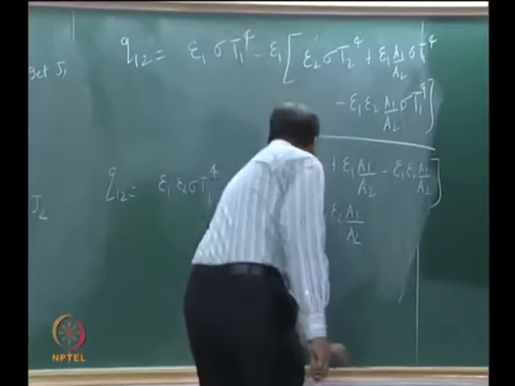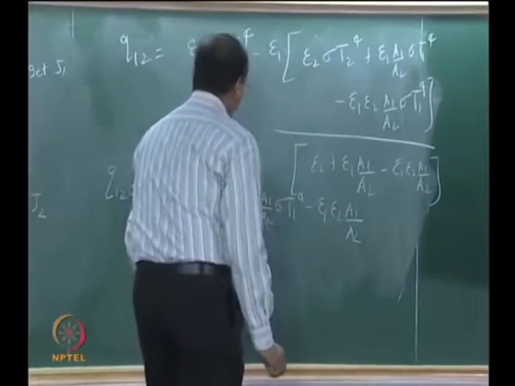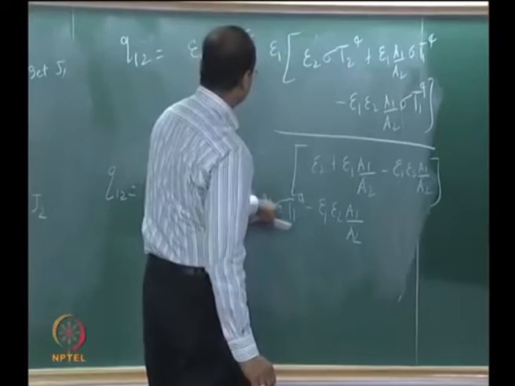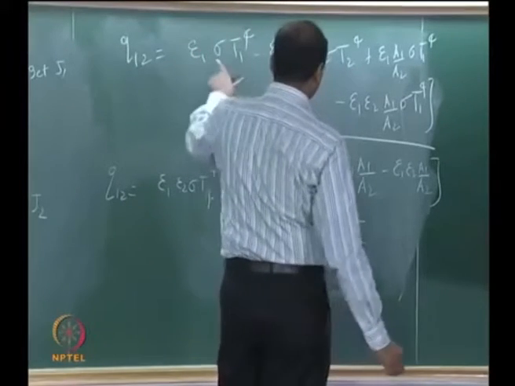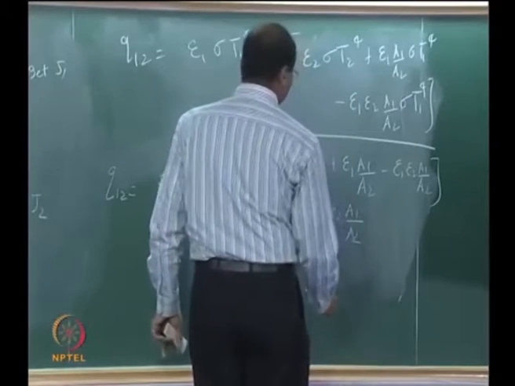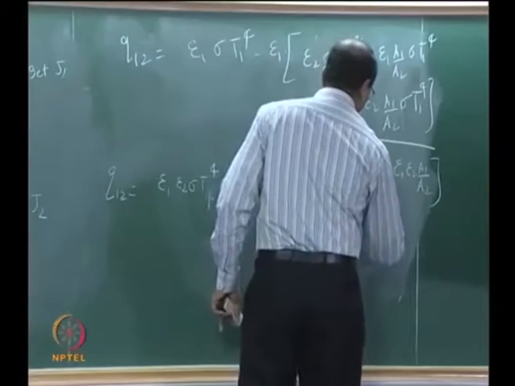Okay. This is epsilon 1 square, isn't it? What am I doing? Epsilon and epsilon, then epsilon 1 squared A1 by A2 sigma, fine, minus epsilon 1 square epsilon 2, is it correct?